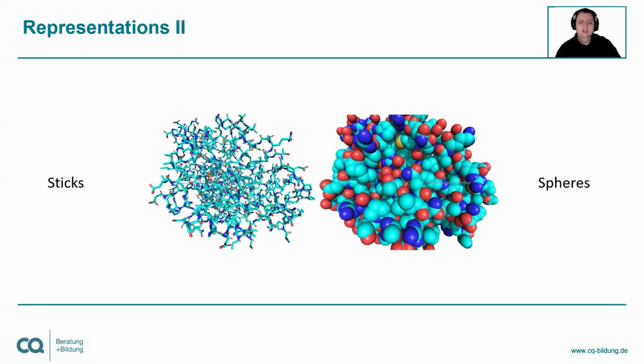A stick representation, as already mentioned, displays covalent bonds in the form of sticks, and the corresponding atoms are then at the end of these sticks. In a sphere representation, atoms are shown as opaque spheres, and they have the corresponding van der Waals radius to show the overlap between the different atoms in a structure.